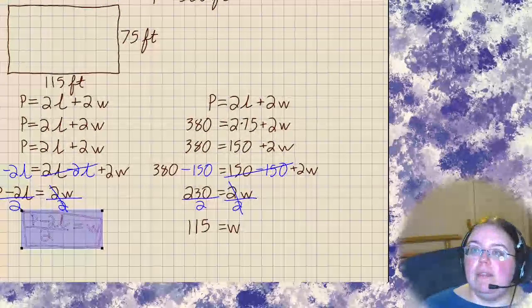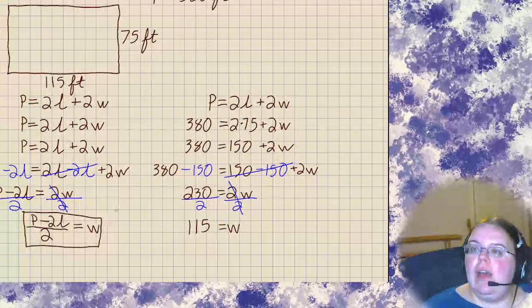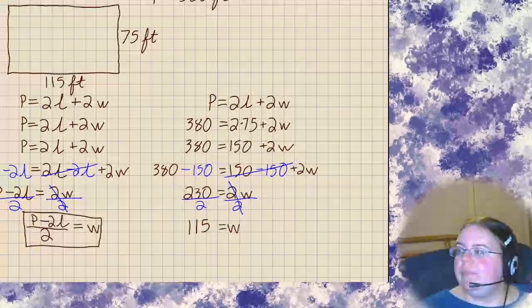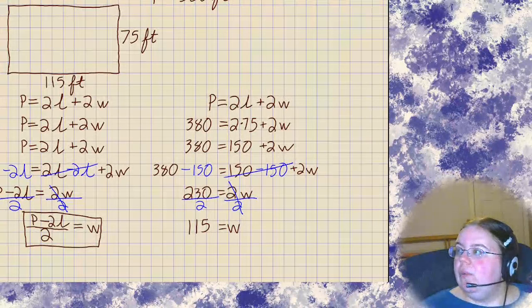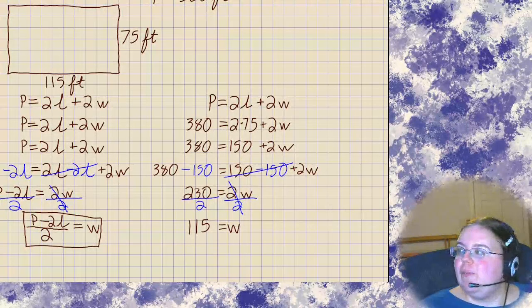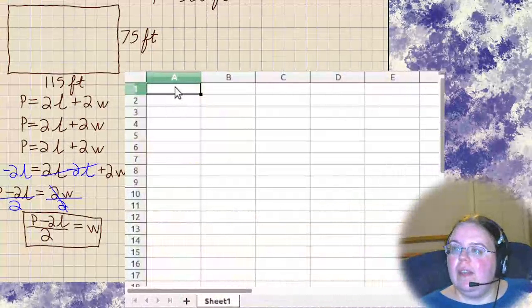Now, because I'm a mathematician, I'm lazy, so I would like to make this process automatic. In order to make that happen, I want to set up a spreadsheet to deal with all that arithmetic for me. So here's a blank spreadsheet.